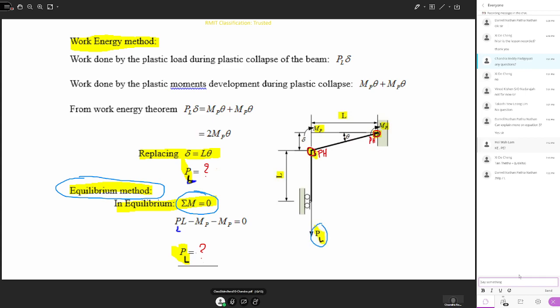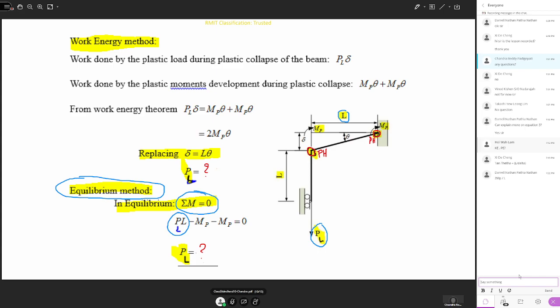The moment is the force multiplied by the perpendicular distance. The perpendicular distance is L, so the moment due to the load PL is PL into L.